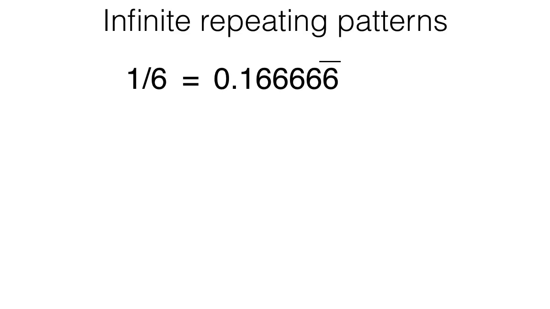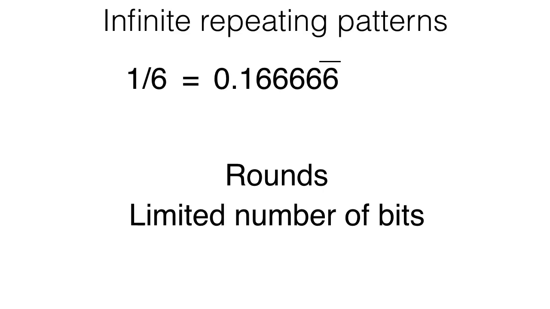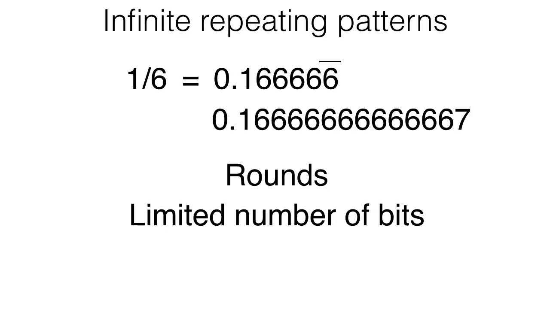However, in a computer, we're limited by the number of bits that we have. Therefore, it's going to go through a rounding process, and that's due to the limited number of bits. So what the computer will represent it as is this. Notice that it rounded it at the end and put a 7 onto the end. This may not seem significant to you.